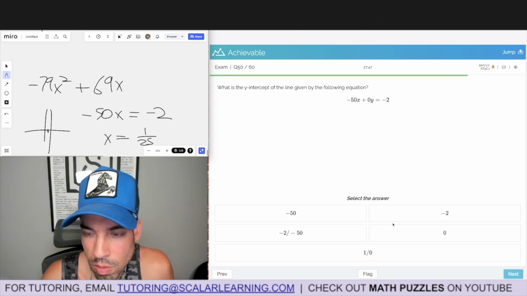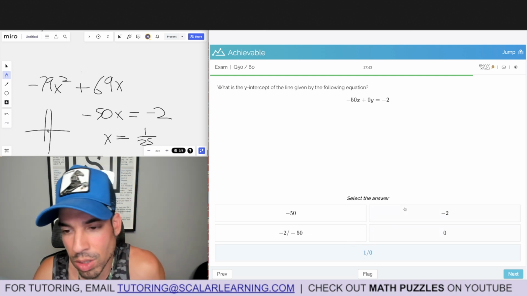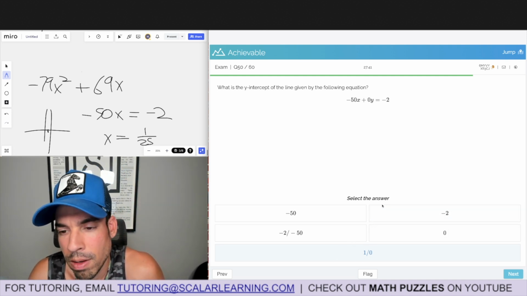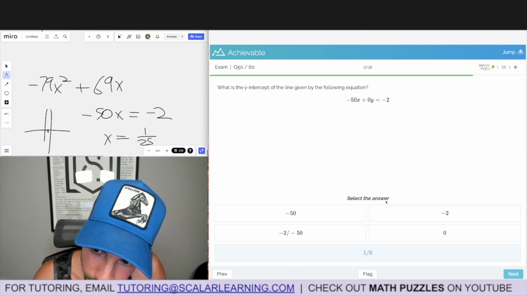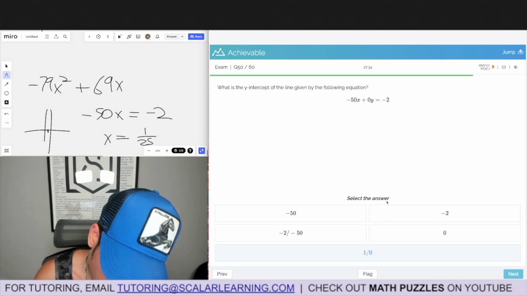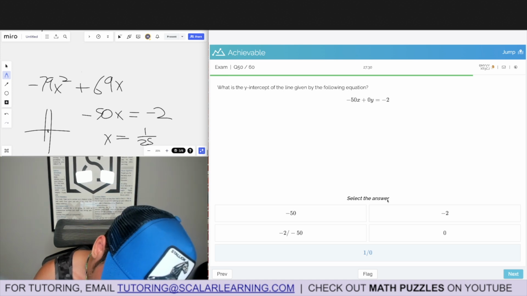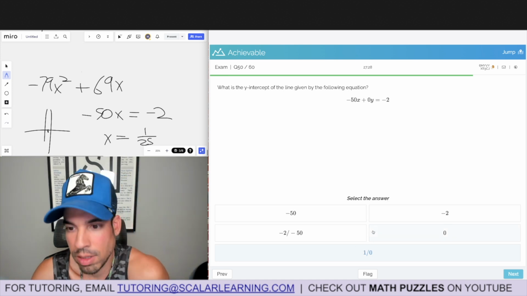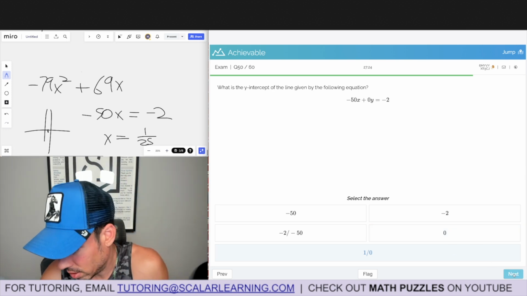This doesn't make any sense. I guess it's this, but that's not a real thing. I guess it's that. It doesn't have a y-intercept, right? This is very bizarre, but I guess we're going to answer that.